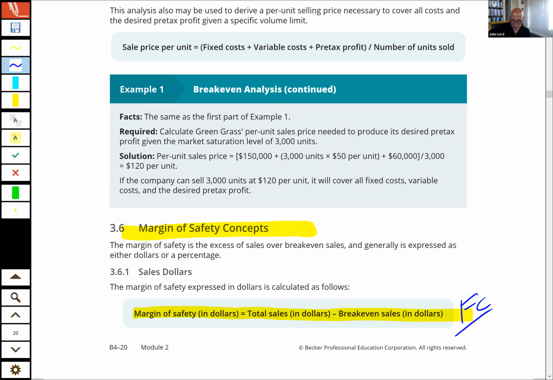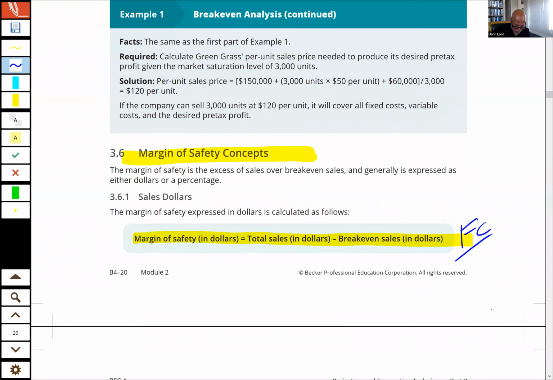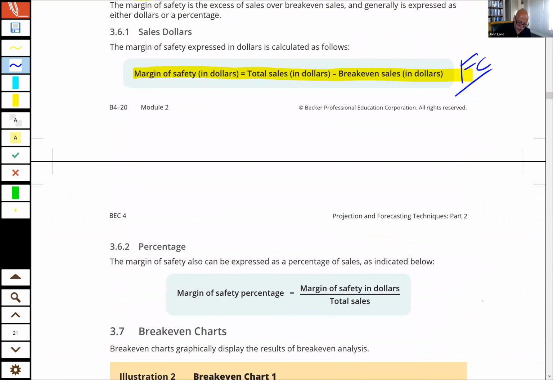That's just calculating a cushion. You can go ahead and flashcard that. If you want margin of safety as a percentage, you simply take that margin of safety you just calculated and divide it by the total sales, which turns it into a percentage.